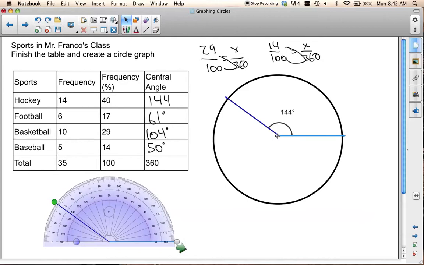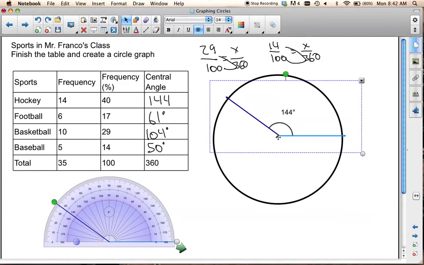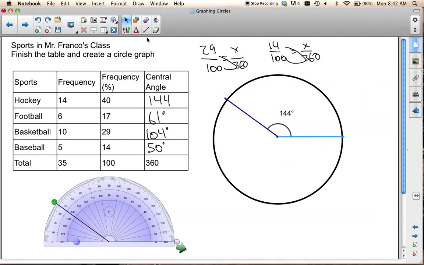This is what hockey represents. Okay, so I've graphed hockey, and I don't really need the 144 degrees written over here, you can have it, but I would write down hockey, and I'd say 40%.